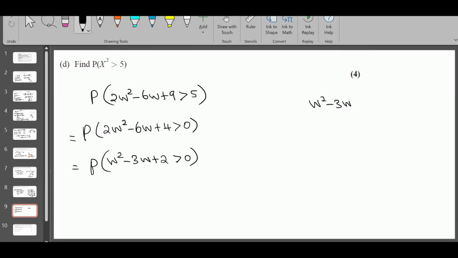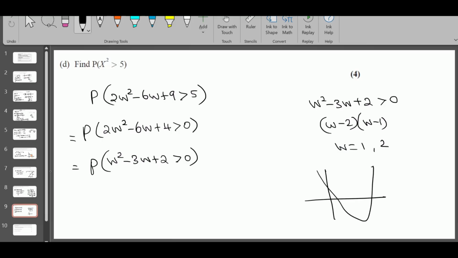So it's going to be W minus 2, W minus 1. Two critical values are 1 and 2. If you draw this one, because it's a quadratic inequality, when they say greater than 0, they are talking about these two pieces. So the solution is less than 1, greater than 2, right?